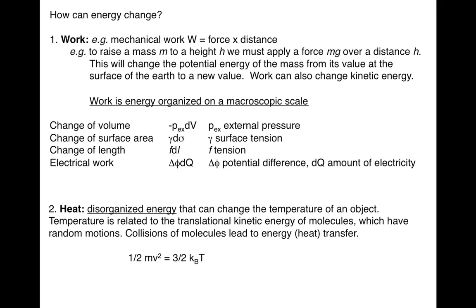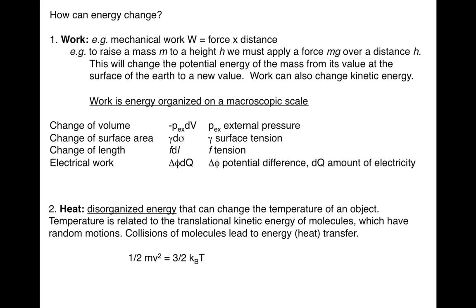Okay, so the question then is, how does energy change? When we measure these energies and we do, let's say, a chemical reaction, what's happening? Well, there are two forms, work and heat. Work you can define as energy that's organized on a macroscopic scale. So you can do mechanical work, for example, remember from freshman physics, mechanical work is just the force over some distance.